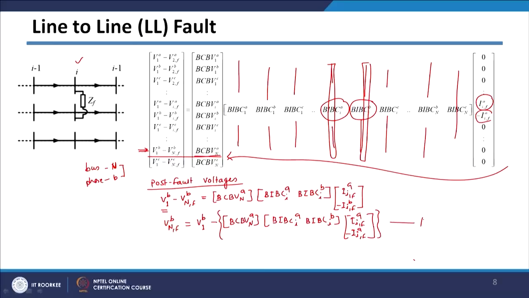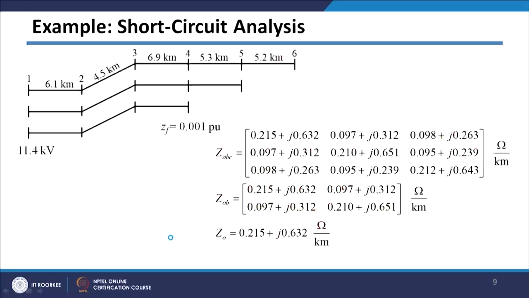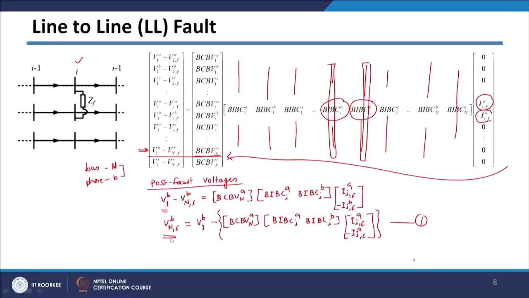So, this will give you post fault voltages of any bus. So, in collective term I can write this equation. So, for any jth bus I can easily write this equation.